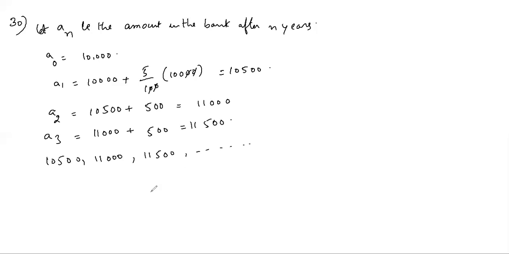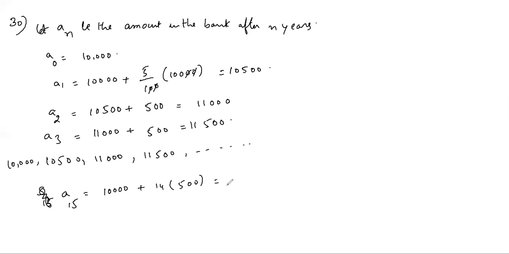Now we have to find the amount after the 15th year and after the 20th year. So only A15 you have to find. So A15 equals the first term 10,000 plus 14 into the common difference, 500.